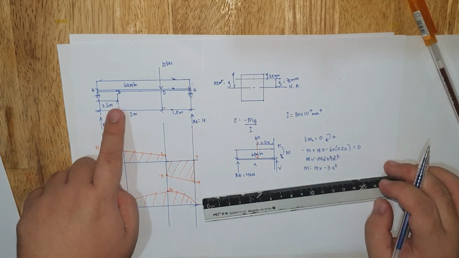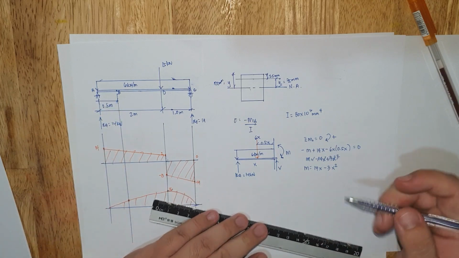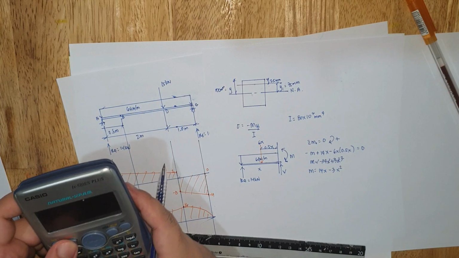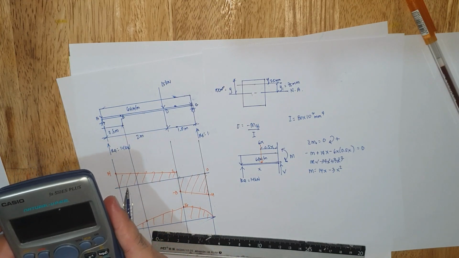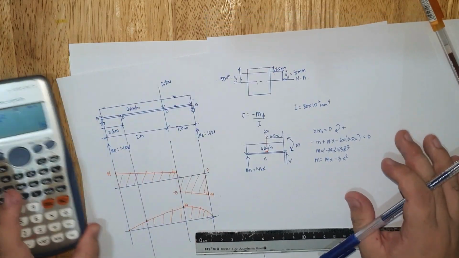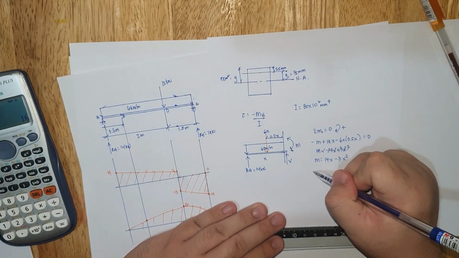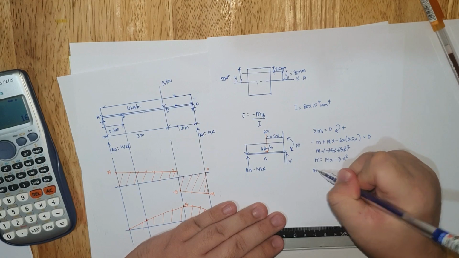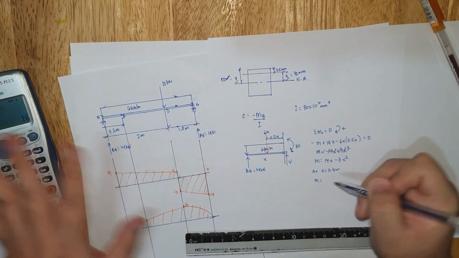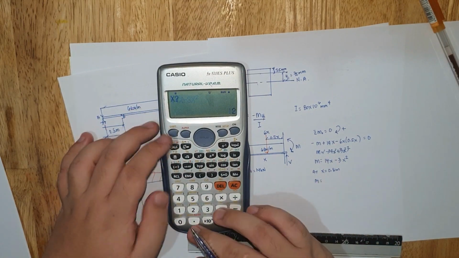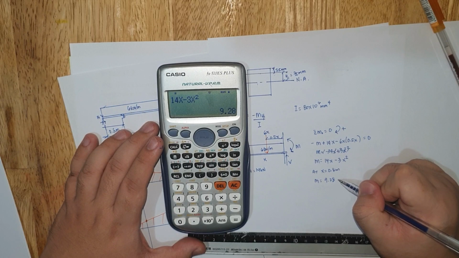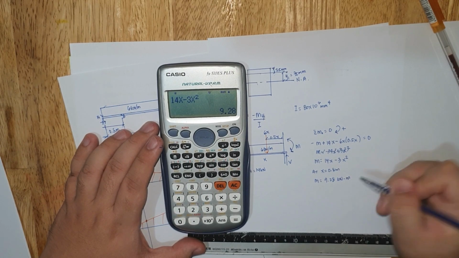So para makuha natin yung value dun at 0.8, check natin ha. Okay. So 0.8 daw yun. So at x is equals to 0.8, M is equals to 9.28 kilonewton meter.